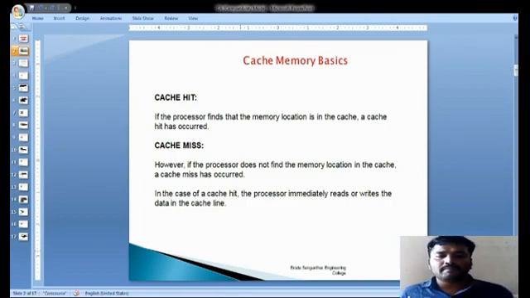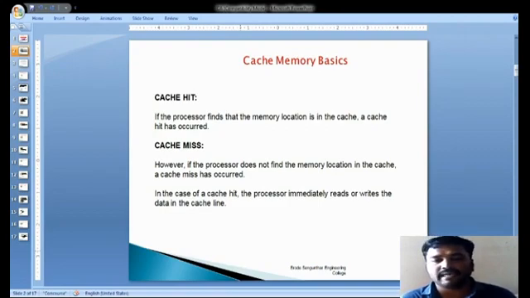Suppose the memory location of that requested file is present inside the cache, then it is considered a cache hit. If the processor does not find the memory location within the cache memory, a cache miss has occurred.